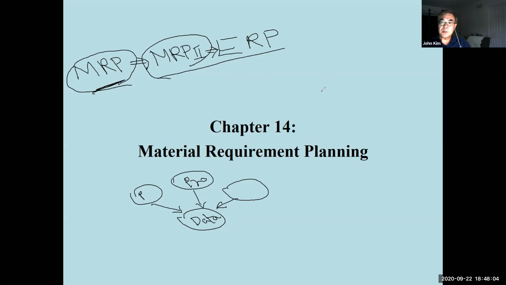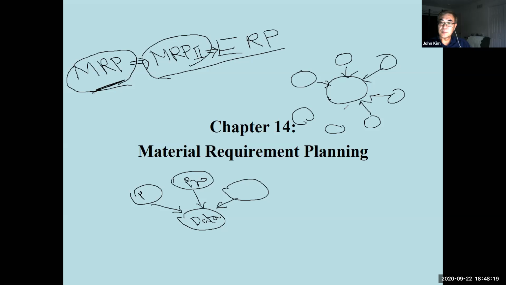And then in the ERP system, the entire departments in a company use one database. So this is the ERP system, and the MRP2 system looks like this. But the MRP system is one single independent system for planning.